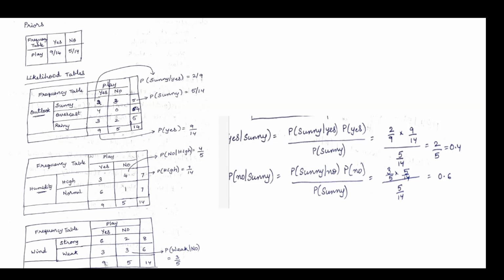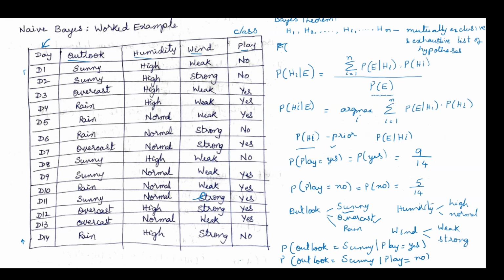Going back to the data set, let us calculate, out of the 9 yeses, that means with a denominator of 9, how many of them have outlook equal to sunny? So this is a yes but with an overcast, yes but with a rain, yes but with a rain, yes but with an overcast, yes is sunny. 1.